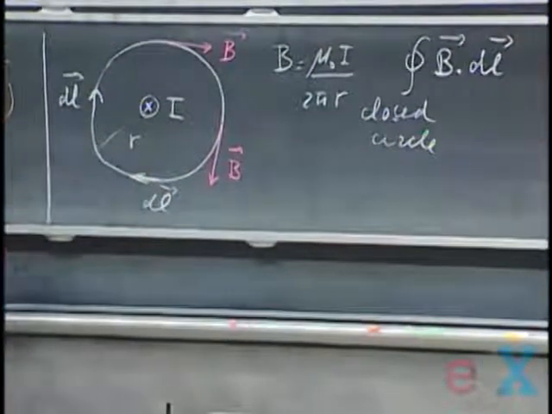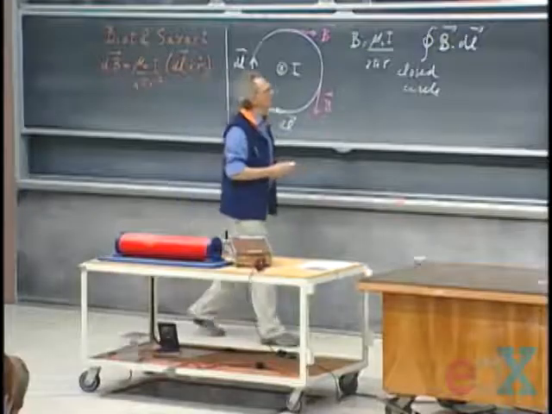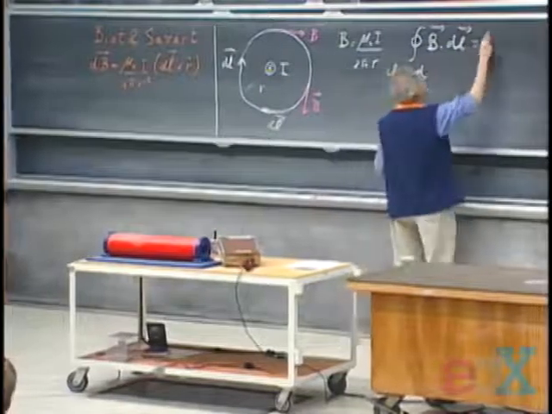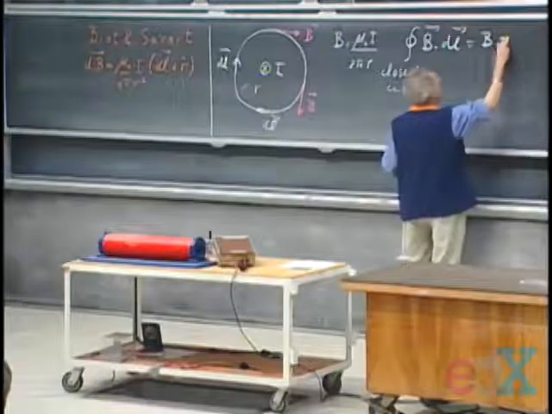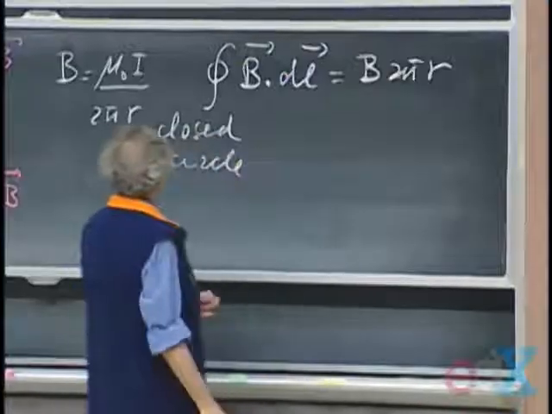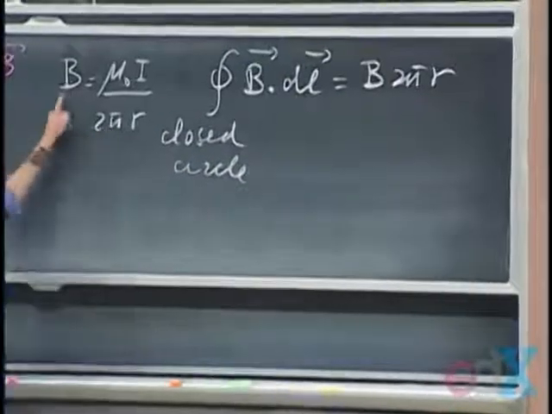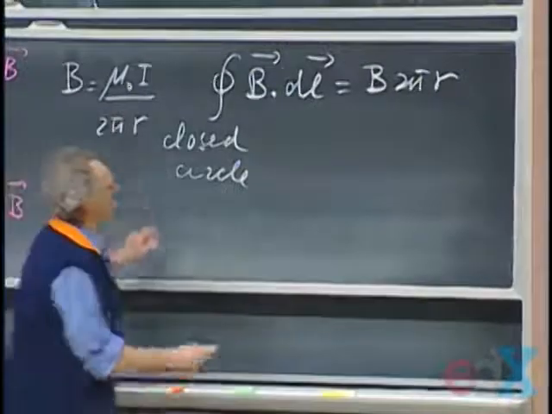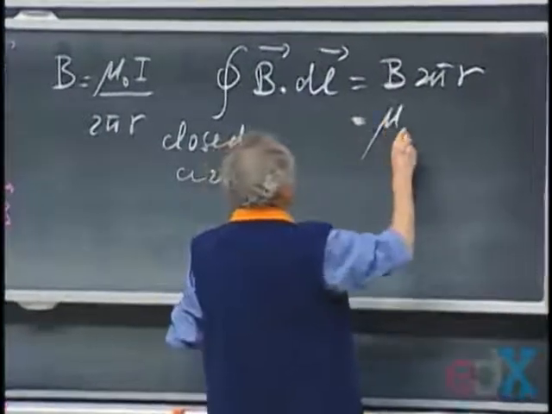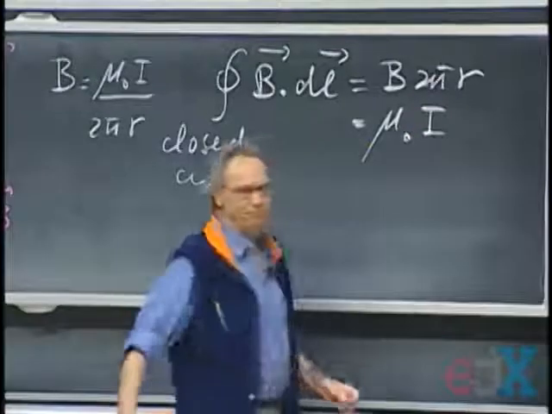B and dl are in exactly the same direction everywhere, so you would find that this is B times 2 pi r. But B times 2 pi r also equals mu zero times I.